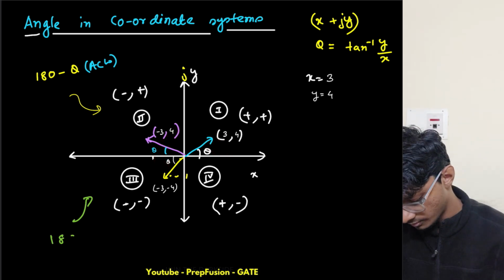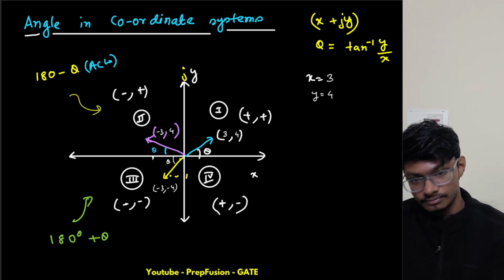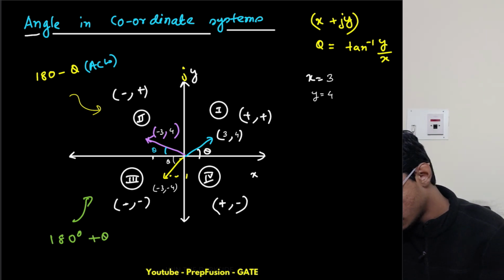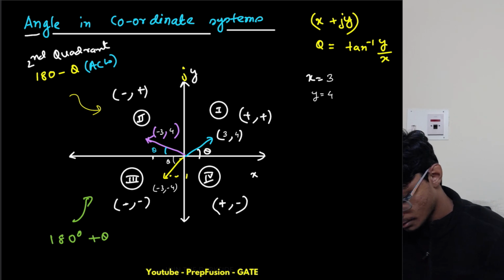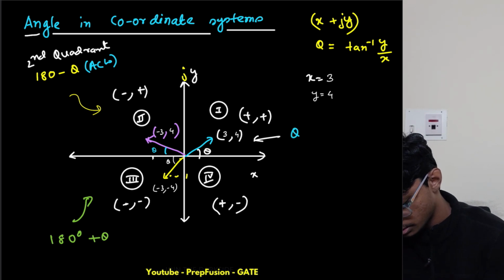So this will be 180 plus theta for the third quadrant. This is for the second quadrant. This is basically theta only for the first quadrant.